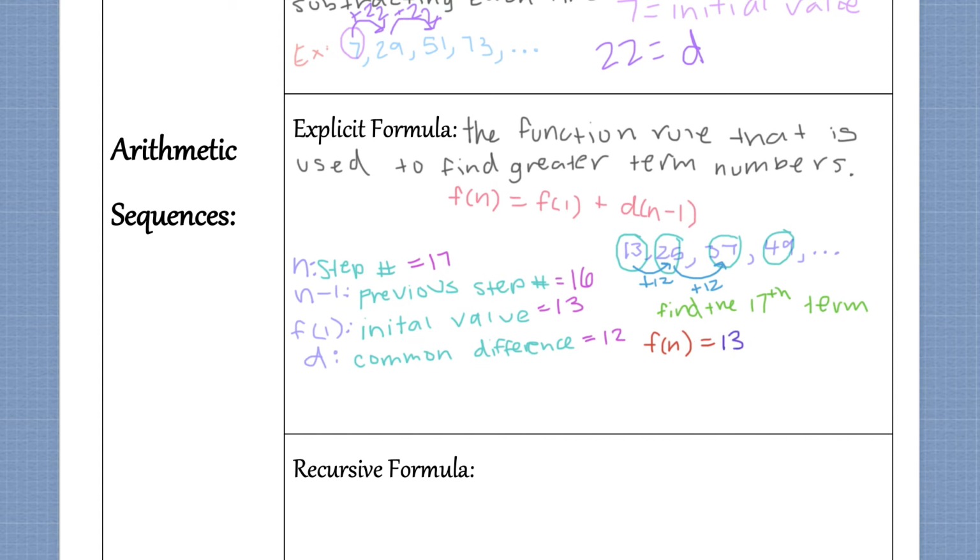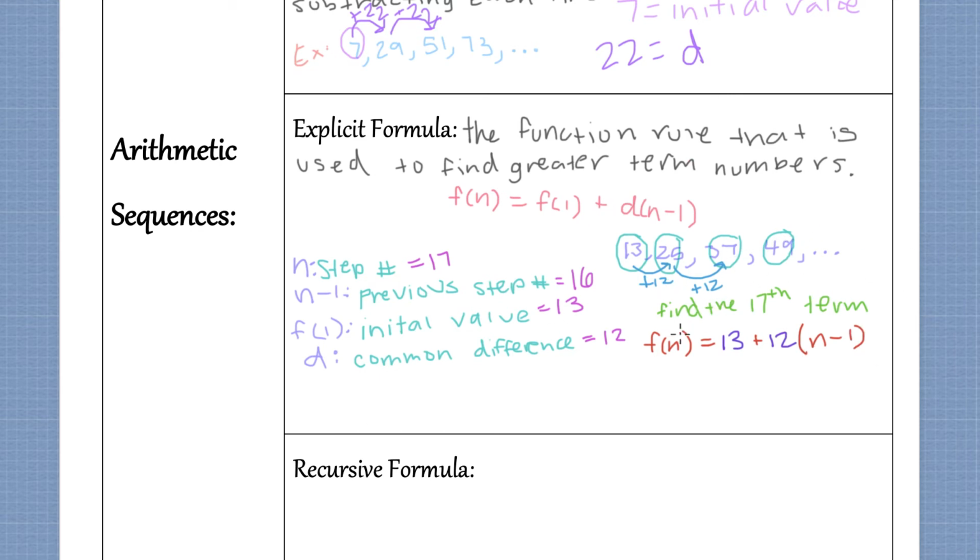So f of n is equal to 13 plus d times n minus 1. And d is our common difference, which is 12, times n minus 1.